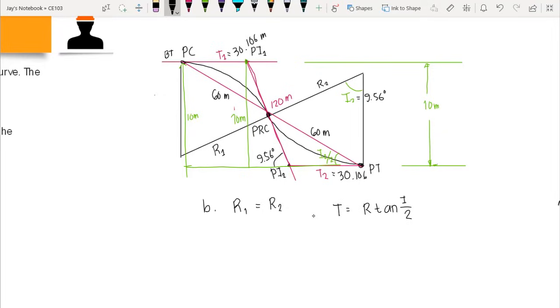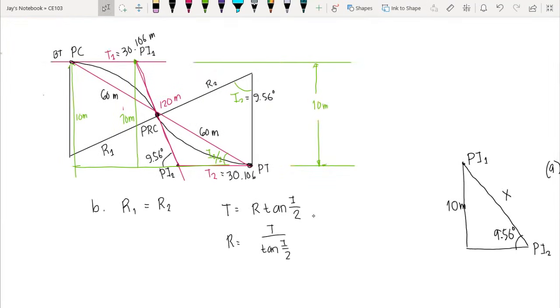Therefore, if we evaluate this formula, radius is equal to the tangent over tangent of I over 2. Since we already have the value of our tangent line, we have 30.106 over tangent of 9.56 over 2.